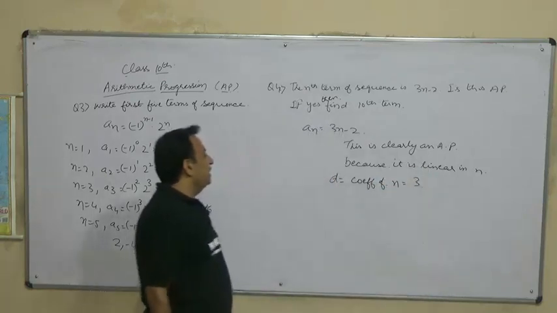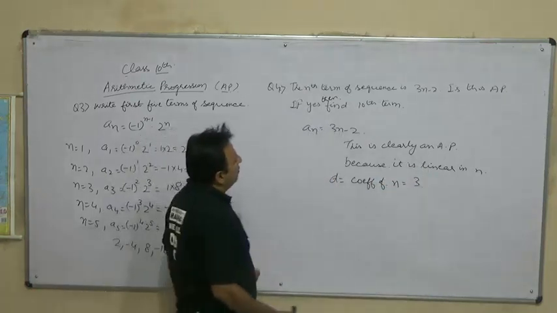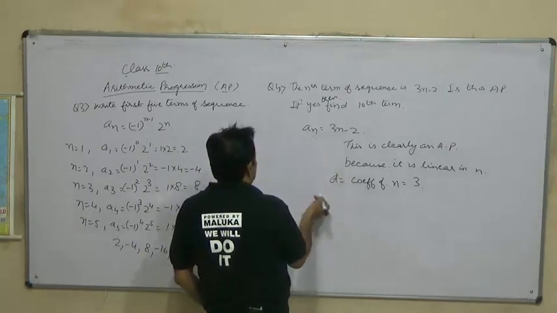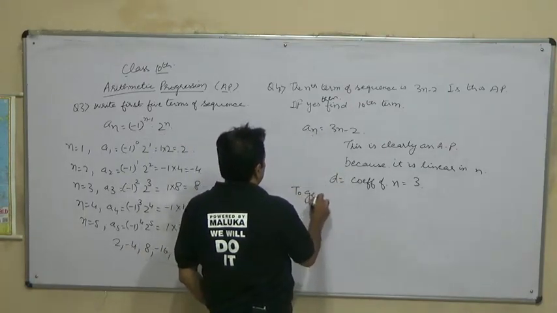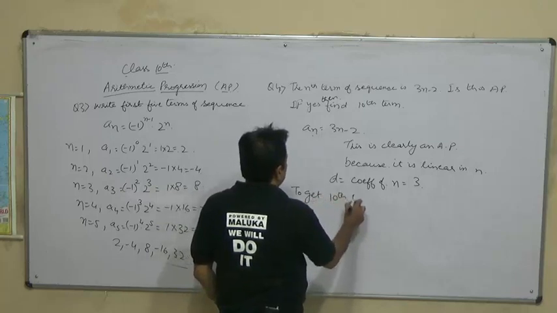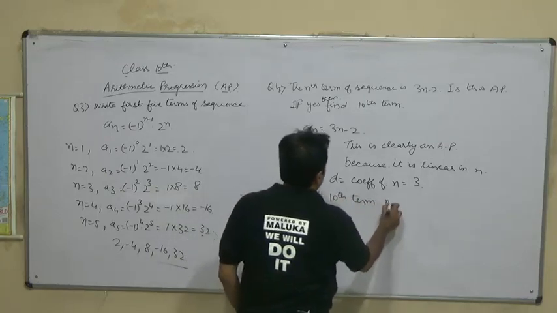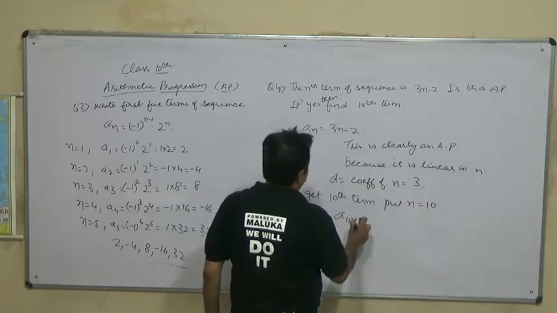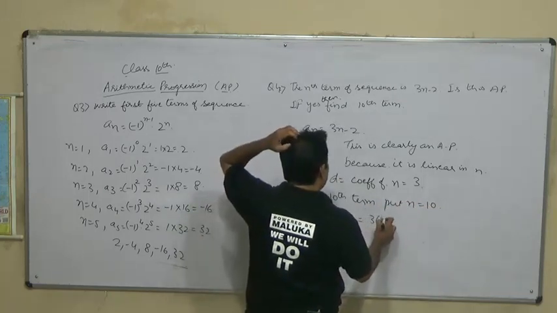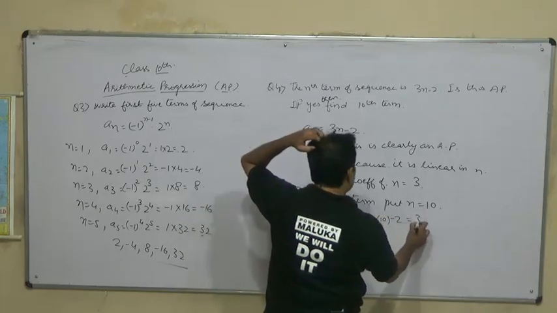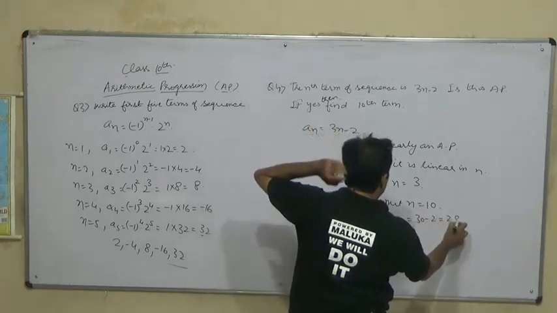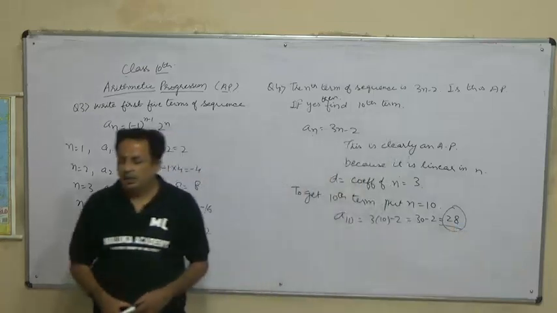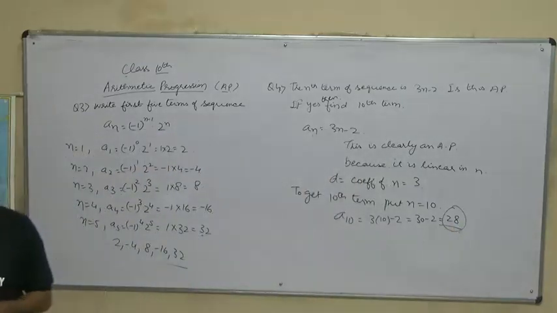To get the 10th term, put n is equal to 10. So A10 will be equal to 3 into 10 minus 2, which is 30 minus 2, which is 28. So 28 will be the 10th term of this series.